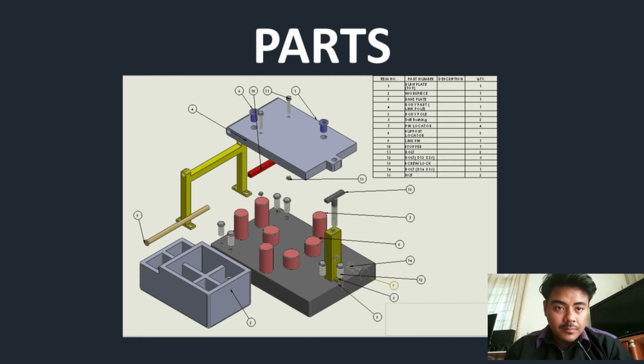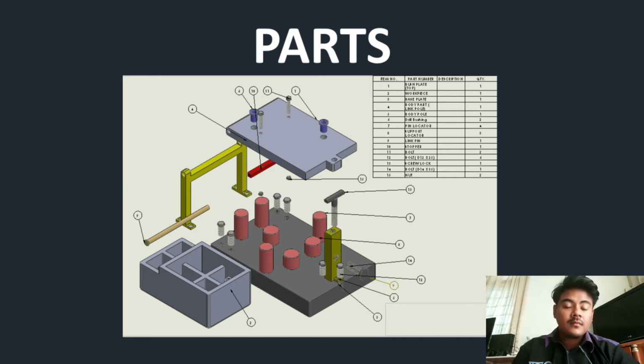All of these parts have the same function, which is to fix the workpiece. The stopper, the red part, also functions as pokayoke, to make sure that the workpiece is not facing the wrong side. So it's to make sure that the workpiece is in the correct position.